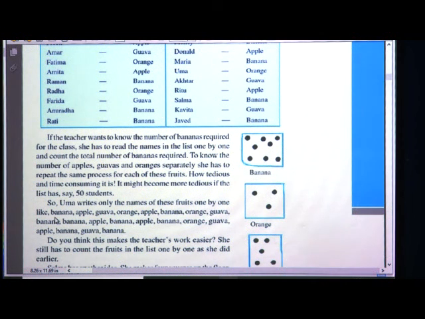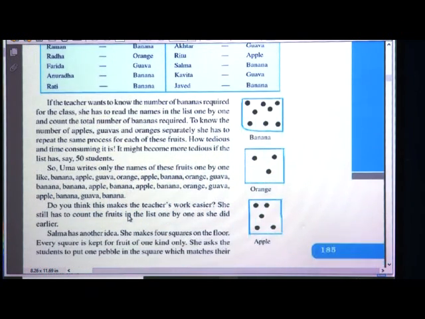She has written banana, then other student like apple, other student like guava, then orange, then apple, banana, orange, guava, banana, banana, apple, banana, apple, banana, orange, guava, apple, banana, guava, banana. In this way she has written.